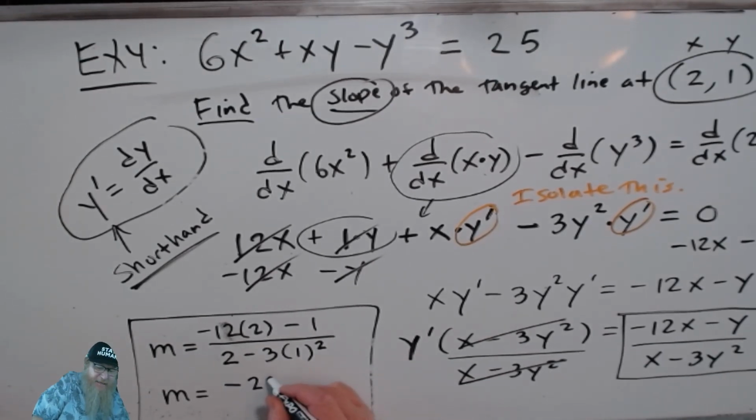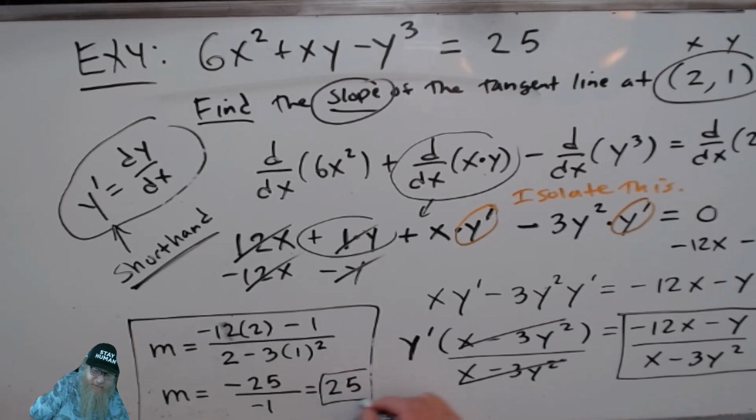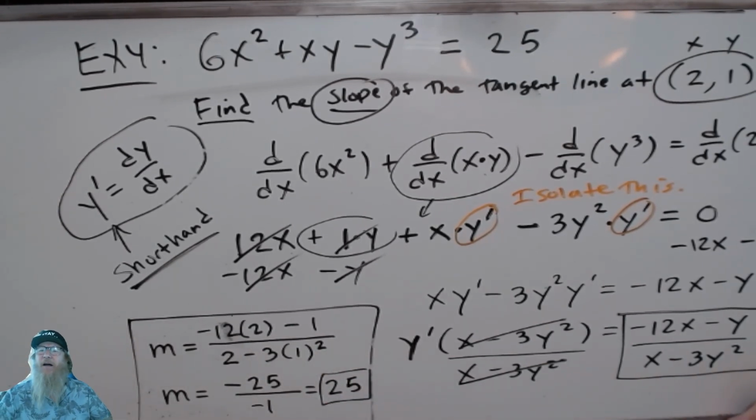So that's negative 25 over negative 1. Oh, that's funny. The slope is 25. Total coincidence.